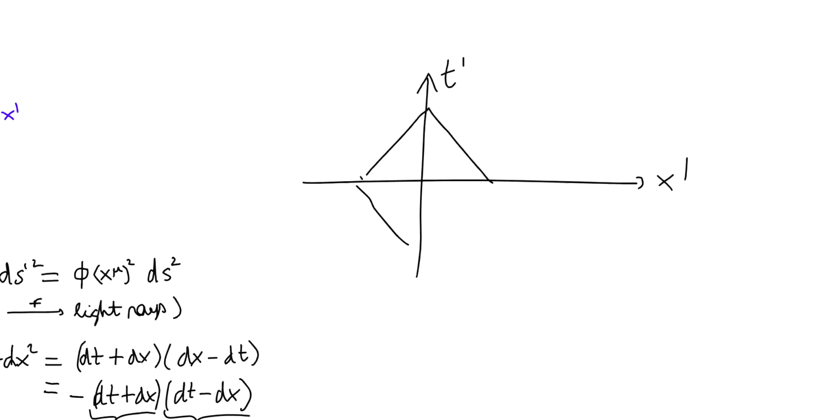So that's what it would look like. So this is the target space, 1 plus 1 Minkowski, and everything inside here is the original space 1 plus 1 Minkowski that we mapped onto 1 plus 1 Minkowski.